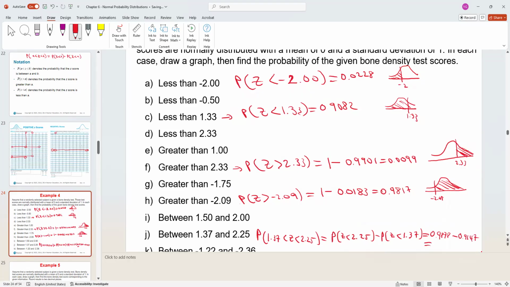When you subtract these two, from my calculator, it is 0.0731.